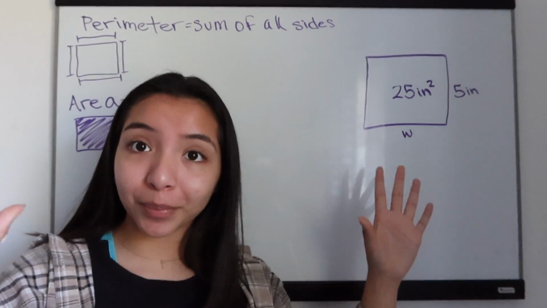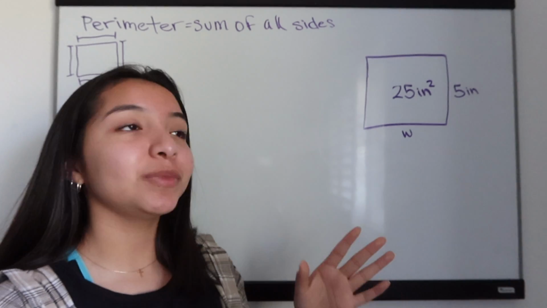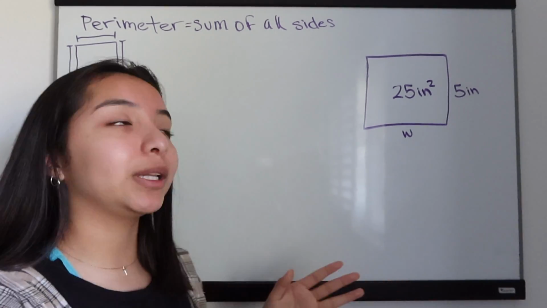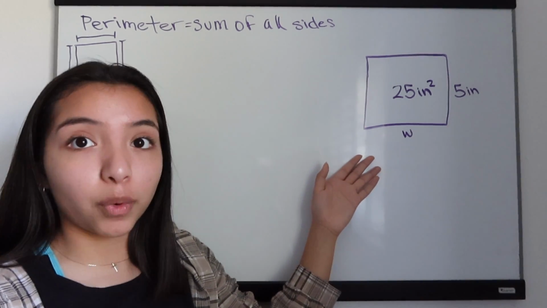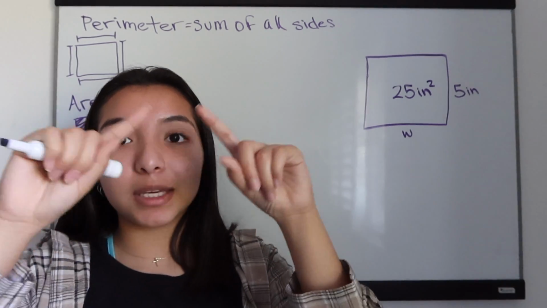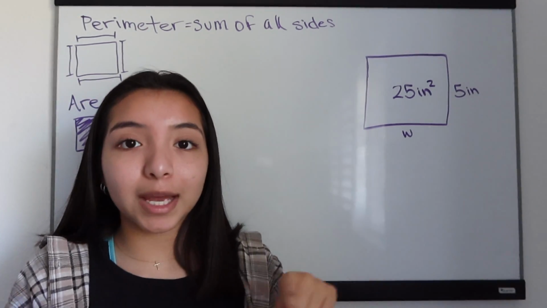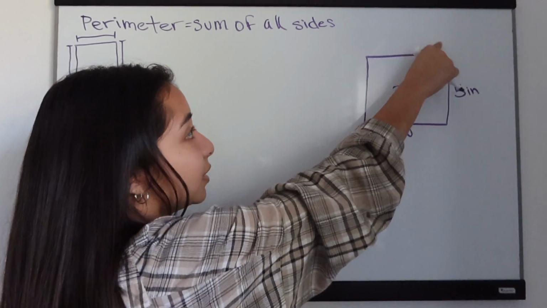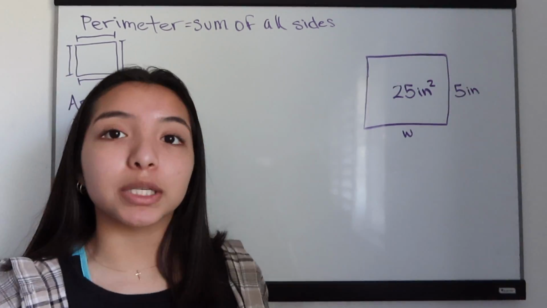Obviously, my drawing is not perfect. It is not drawn to scale. If it were in a textbook, then it would be shown more clearly. But this is a square, so that means that squares have equal lengths. All sides are equal in length. So that means that all sides are equal to 5 inches.